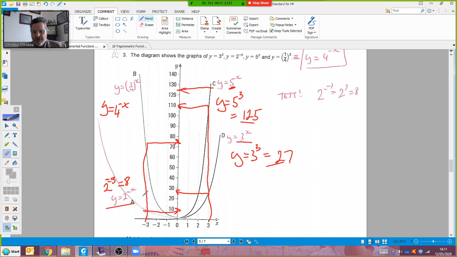Now, what about this one using minus 3 and this graph here? Well, I've got 4 to the power of minus 3, minus 3 is plus 3, and of course 4 to the power of 3 is 64, which is why it's way up there, not 74, 64, but it's really crude. Maybe it's about here somewhere because of where I've drawn it, but that's the principle.